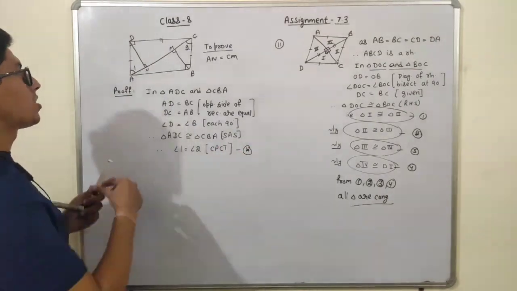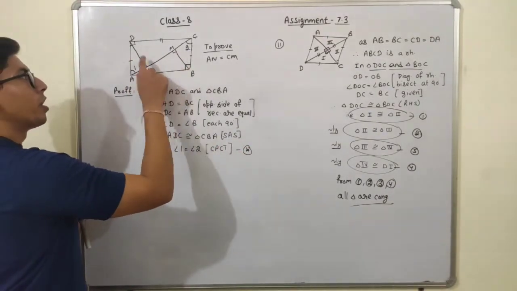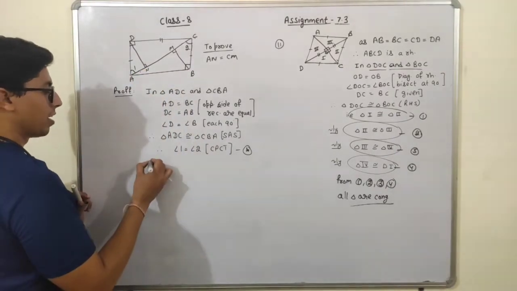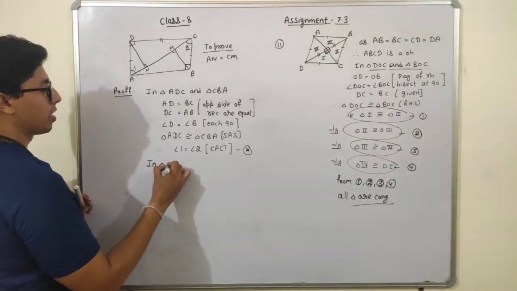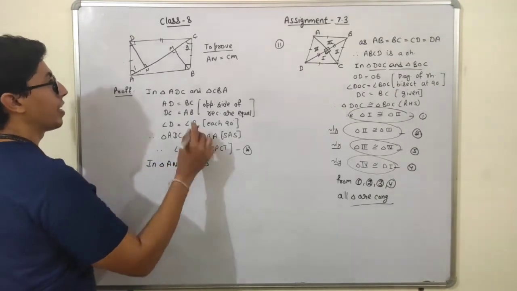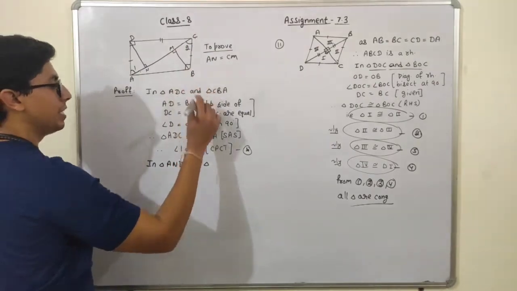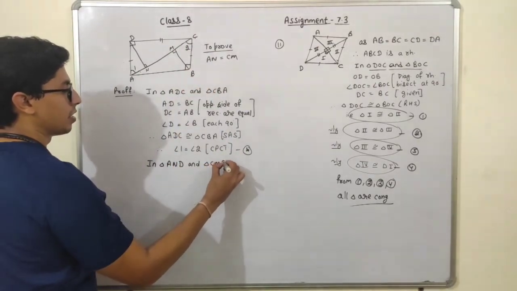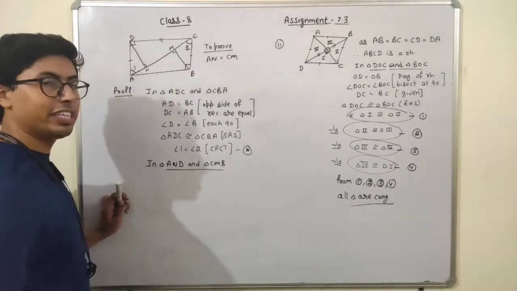Now, students, just take these two smaller triangles. In triangle ADN and triangle CMB, take these two triangles.